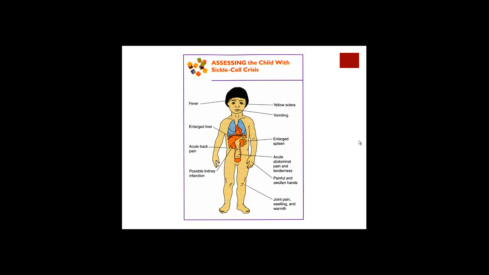Now, the lungs are also another place, the most common being acute chest syndrome that patients may experience. This presents with a fever, cough with sputum a lot of times, intense pain, shortness of breath, and decreased O2 sat.